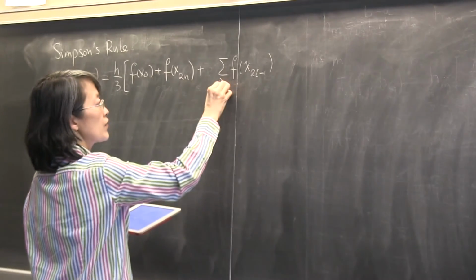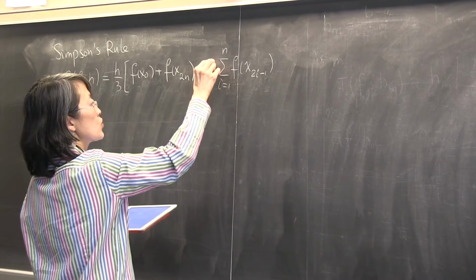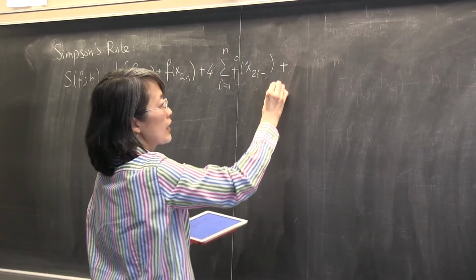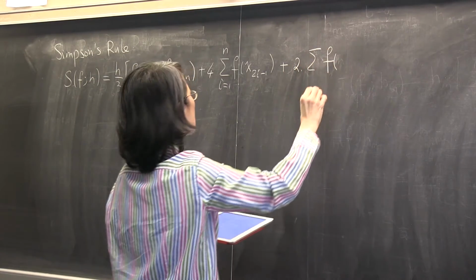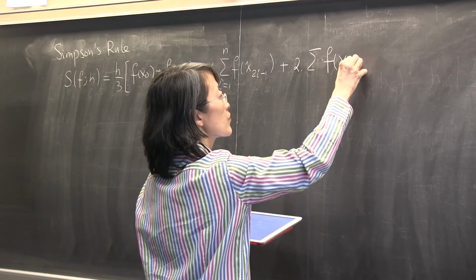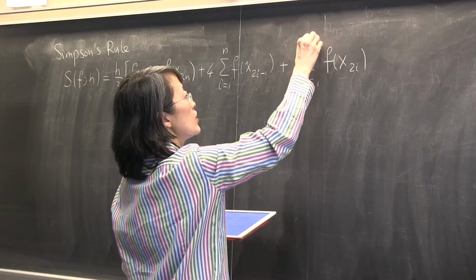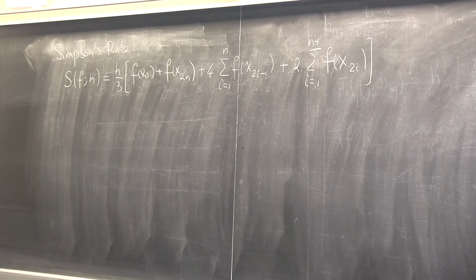So i from 1 to n, if I write 2i minus 1, all the odd ones are multiplied by 4, and all the even ones are multiplied by 2i, and that will be i from 1 to n minus 1. Okay. So be careful, very, very careful with all these indexes.